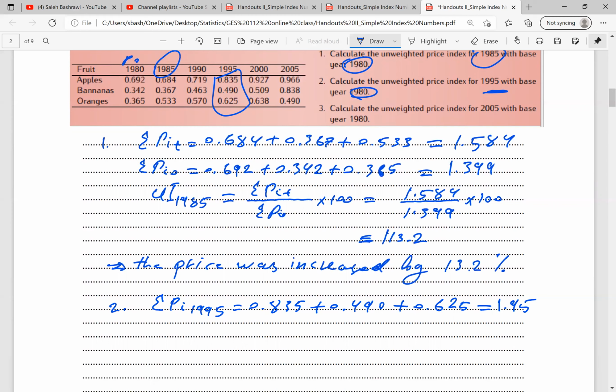In this case, because we are using the same base, the unweighted UI at 1995 is equal to 1.95 divided by the price for 1980, which we found before.